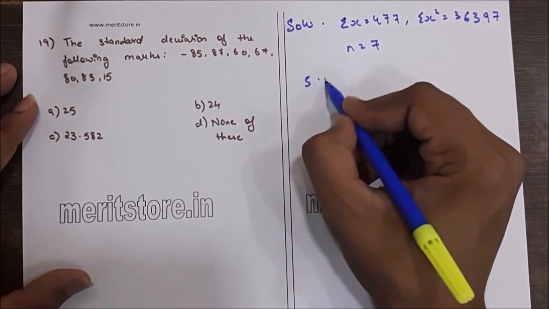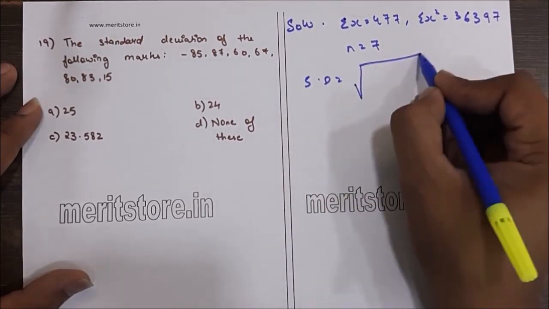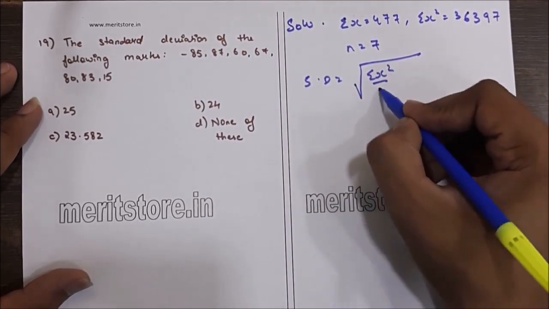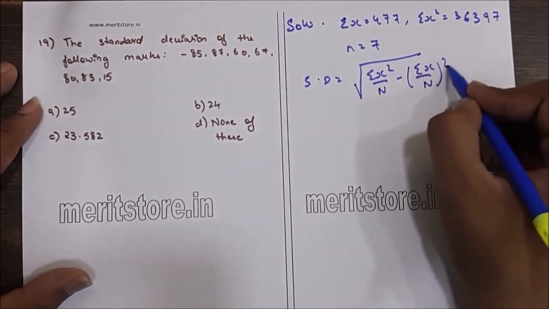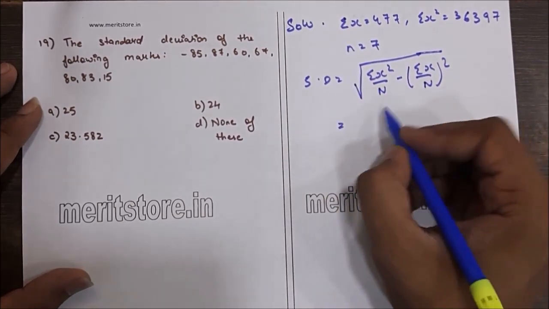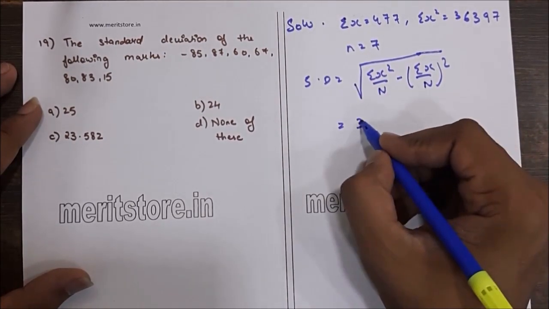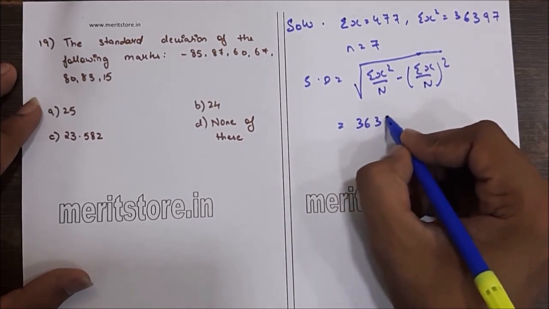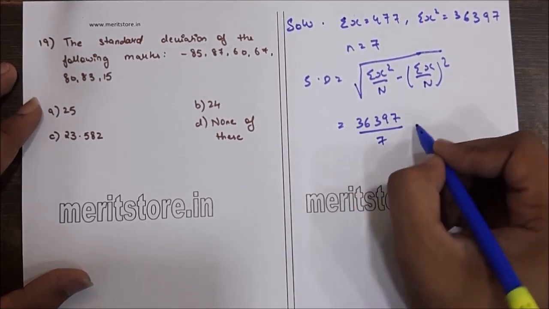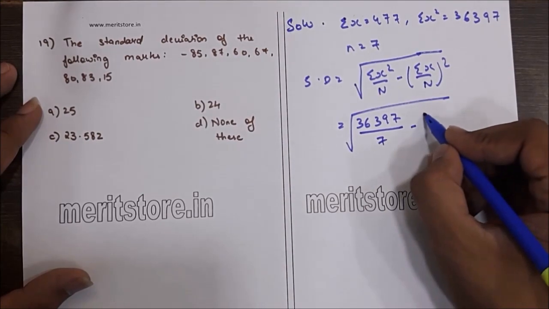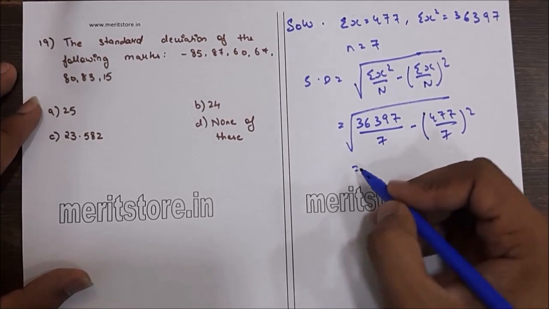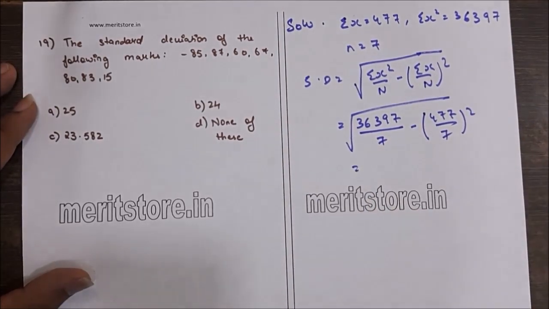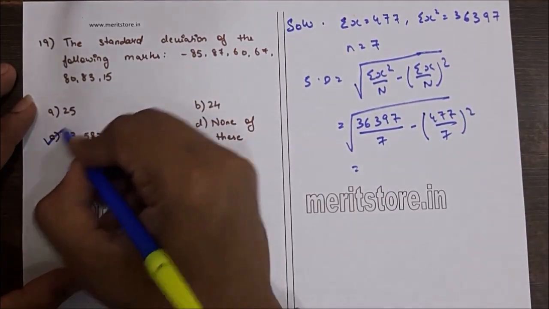Therefore, SD is equal to root of summation x square by n minus summation x by n the whole square. By substituting the values, we get the answer as option C.